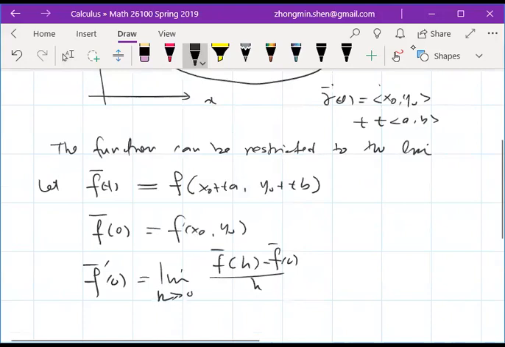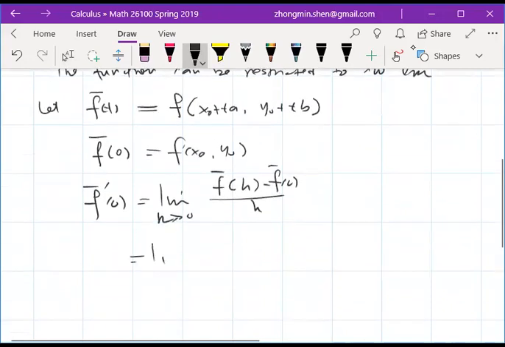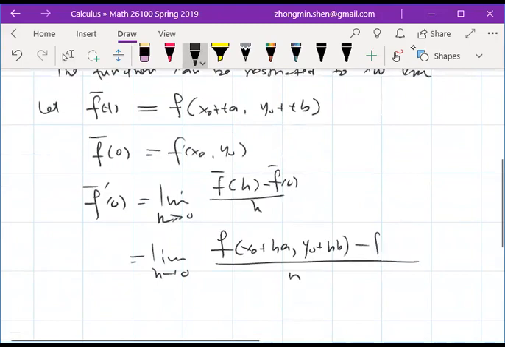If we put the original function back, you get f of (x naught plus ha, y naught plus hb) minus f of (x naught, y naught). So that's the expression.